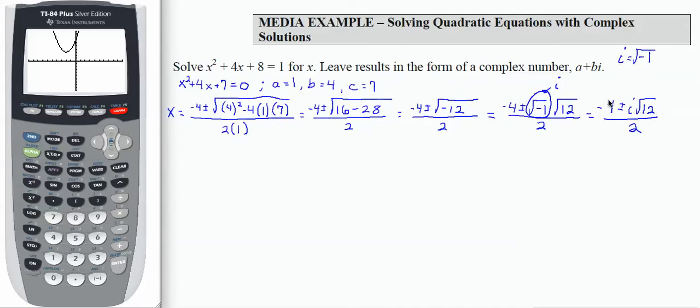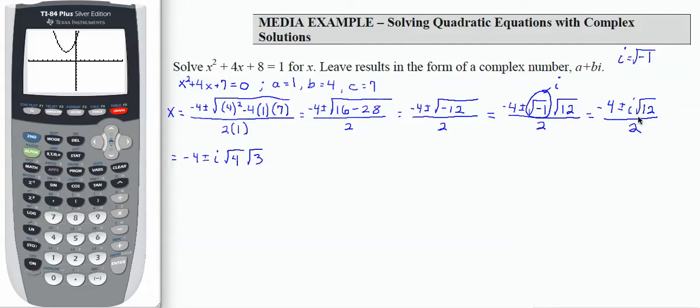Now, I can continue to work with this square root of 12. I cannot reduce the 4 and 2 because I need to see if I can remove some common factor from the square root of 12 first. So let me write this as negative 4 plus or minus i, and then 12 I can write as 4 times 3, so that's the square root of 4 times the square root of 3.